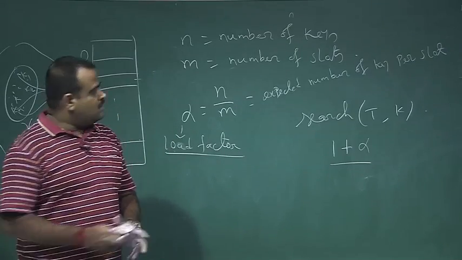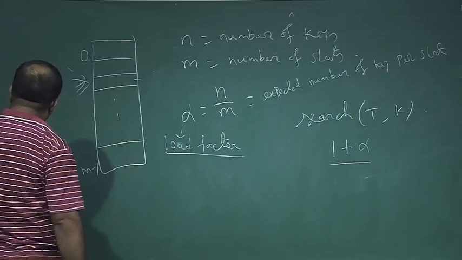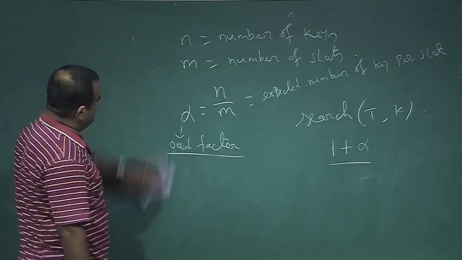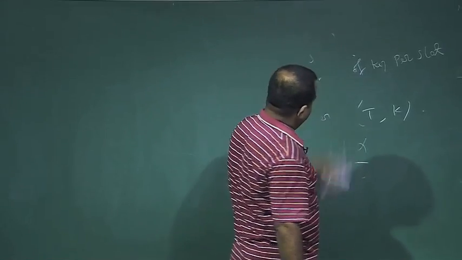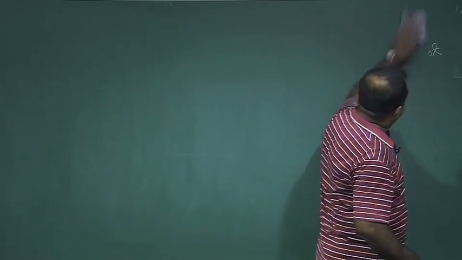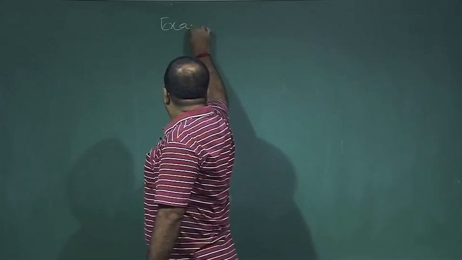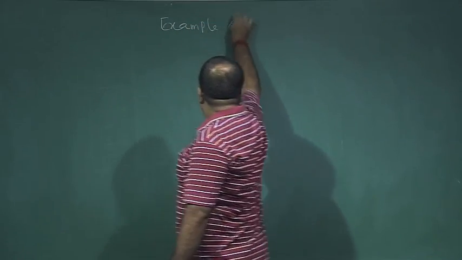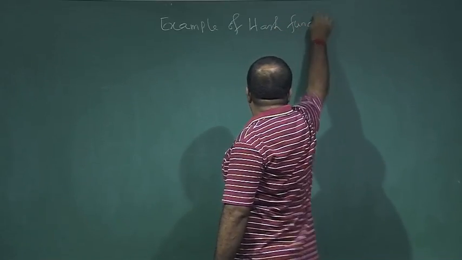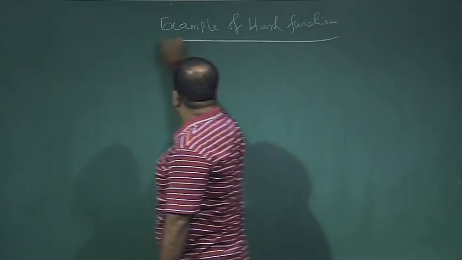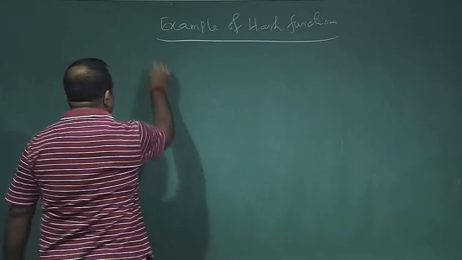Now, we will talk about how we can construct a hash function, some examples of hash functions. The first method we will discuss is called the division method.